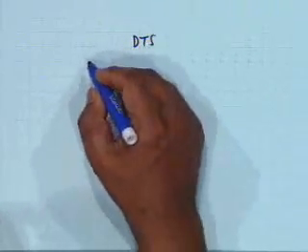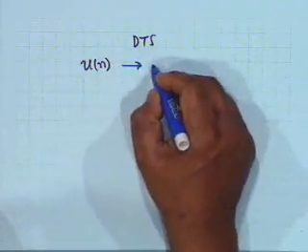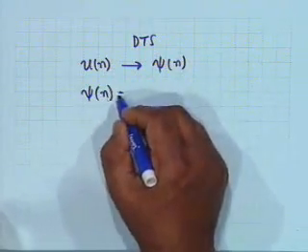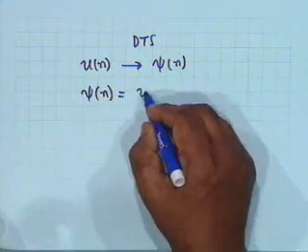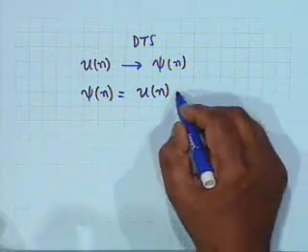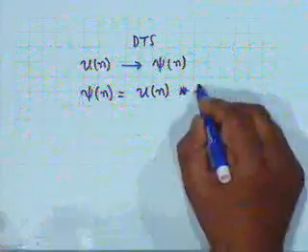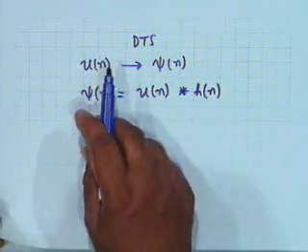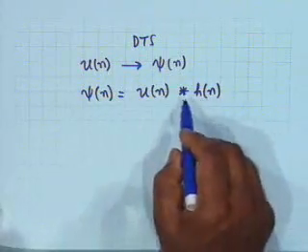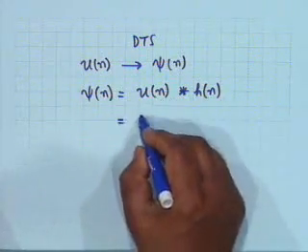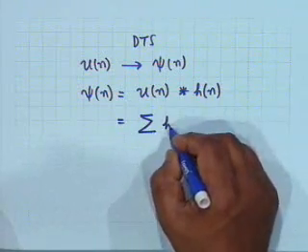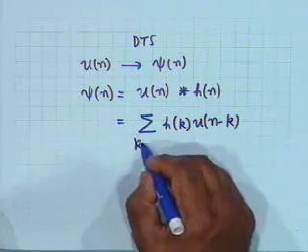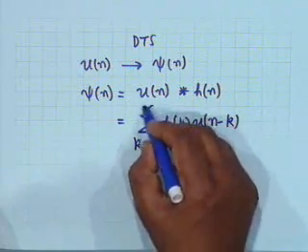The response to u of n is psi of n, and naturally psi of n should be the convolution of u of n with h of n. To an arbitrary input u of n, the output shall be equal to the convolution of u of n with h of n, which is simply the summation of h of k u of n minus k, k goes from minus infinity to plus infinity.